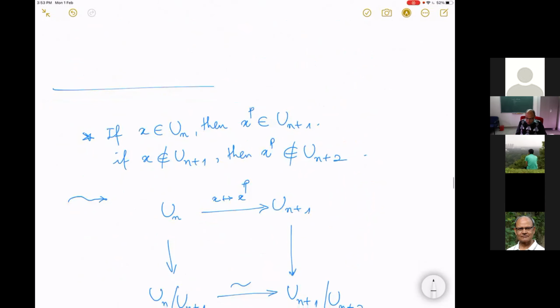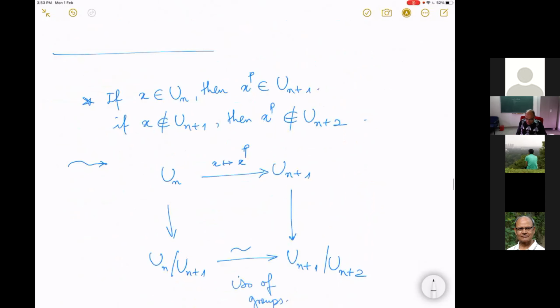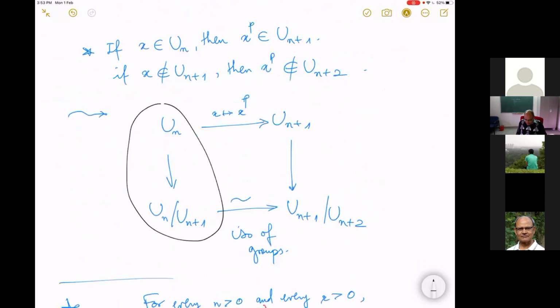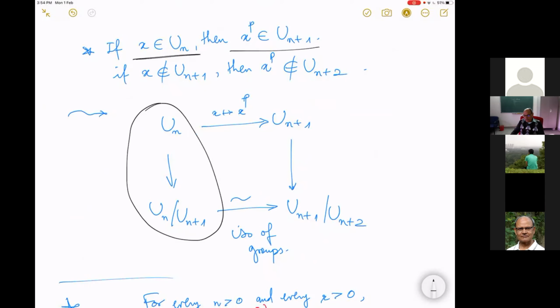But that doesn't tell you everything about the group. For example, what is U_n modulo... okay, we'll come to that later. So here is a small intermediate thing which we want to show: that if x is in U_n, then x to the power p is going to be in U_{n+1}. And if x is not in the subgroup U_{n+1}, then x to the power p is not in U_{n+2}.